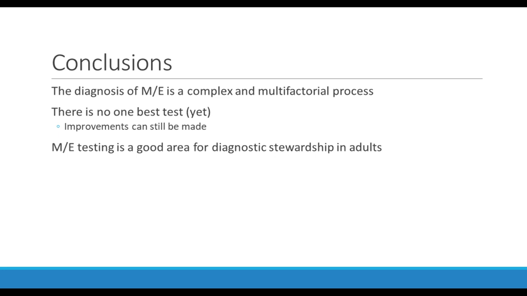In conclusion, hopefully I've established for you that the diagnosis of meningitis and encephalitis is a complex and multifactorial process, that there is really no one best test yet, that improvements can still be made for all of our diagnostic modalities, and that most importantly, it's a great area for diagnostic stewardship.